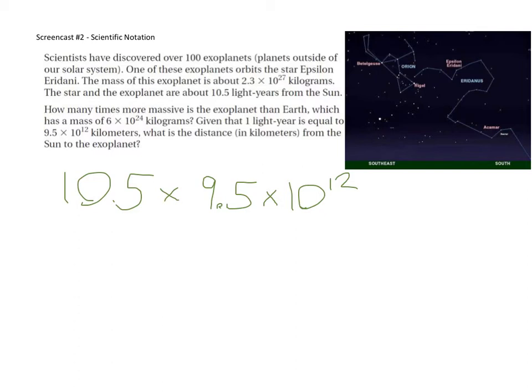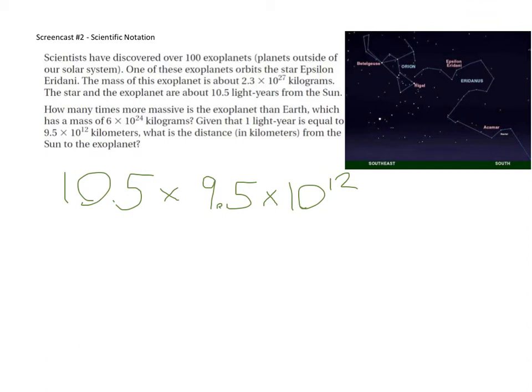But we don't want 1, 2, 3, or 4 light years. We want 10.5 light years. That's why we're multiplying. So since 1 light year is this, 10.5 light years would be whatever this product is going to be. Now notice the way I wrote it. We want to keep this in scientific notation. So what we can do is group together, quote unquote, like pieces.